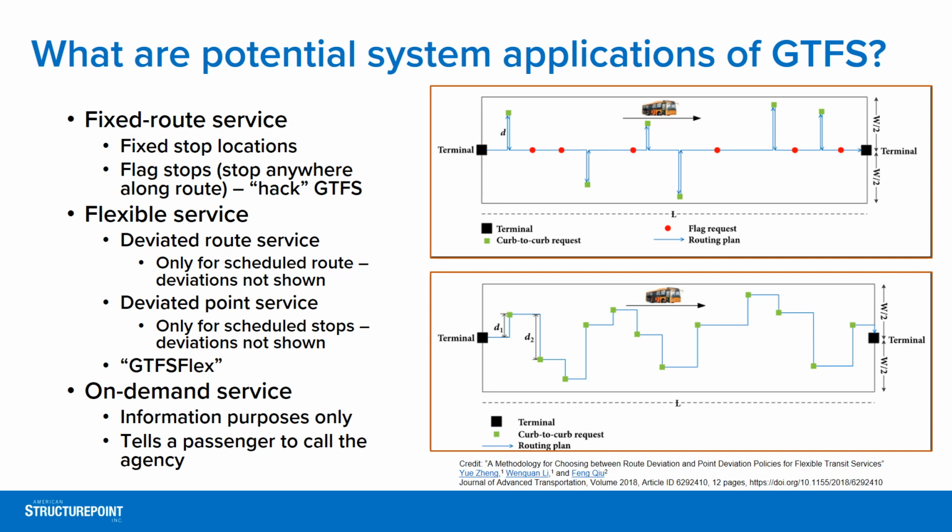Now, you can code in on-demand service. Doing that means that you'll be creating a set of representative stops, abstract stops within your service area that, when people query whether a trip is possible, it'll show those representative stops, and a flag will come up saying, please call this agency to schedule this trip.